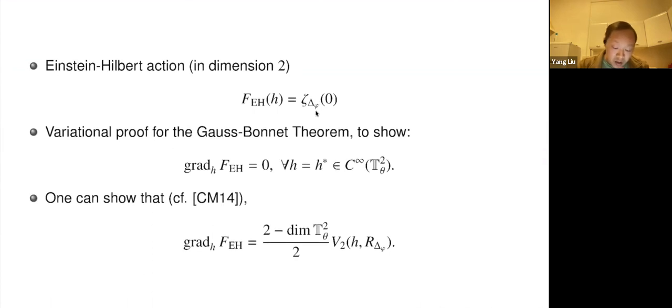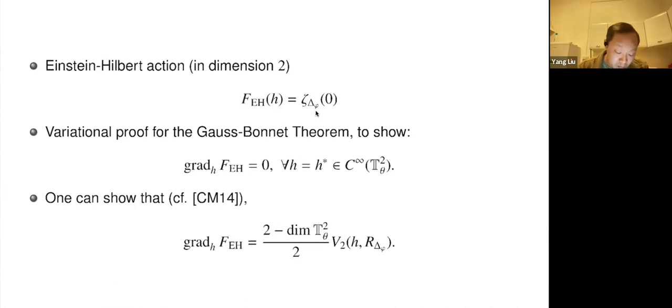In terms of the zeta function, as I mentioned, the zeta function at 0 and the second heat coefficient differ by a constant. So let's consider this functional. For each h, this operator depends on h, and you take the zeta function evaluated at 0, then you get a number.